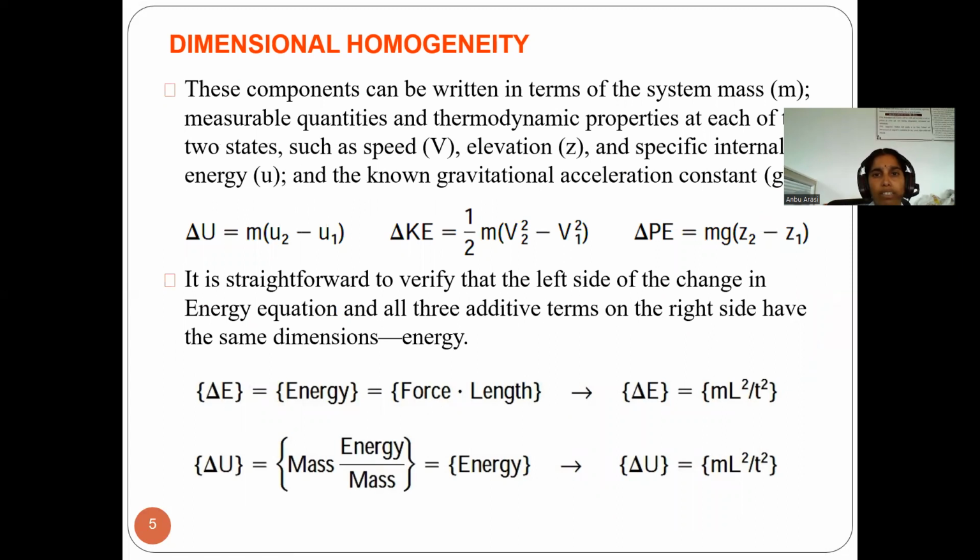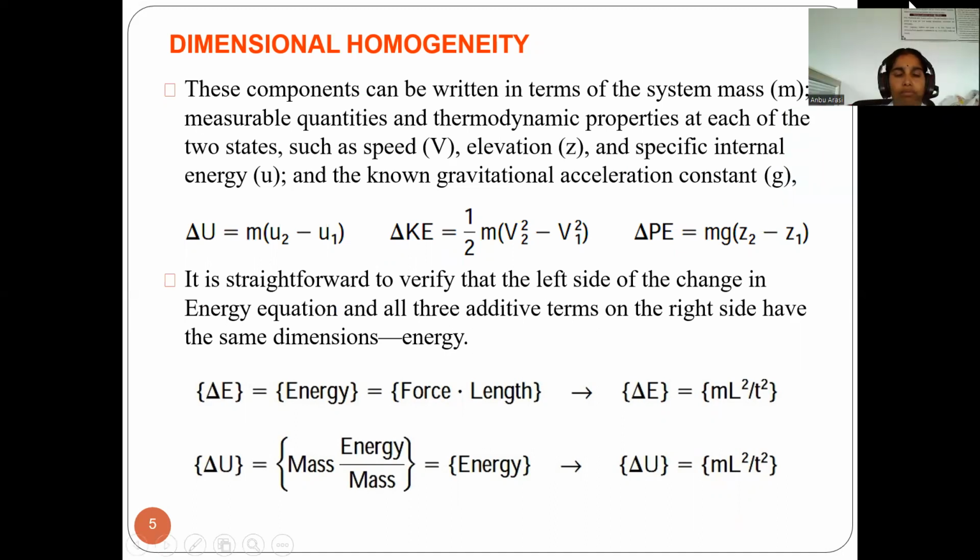These components can be written in terms of the system mass, measurable quantities, and thermodynamic properties of each of the two states, such as speed, elevation, and specific internal energy, and the known gravitational acceleration constant. That is, delta U equal to m times (U2 minus U1), delta KE equal to half m times (V2 squared minus V1 squared), and delta PE equal to m g times (Z2 minus Z1).